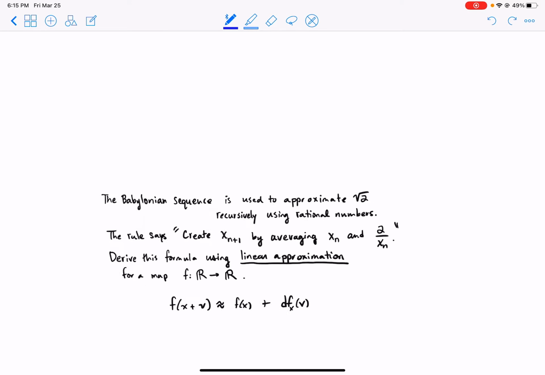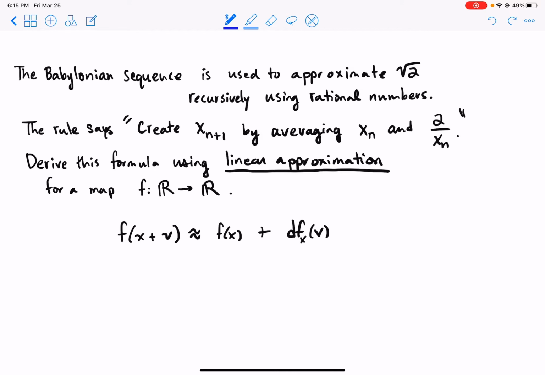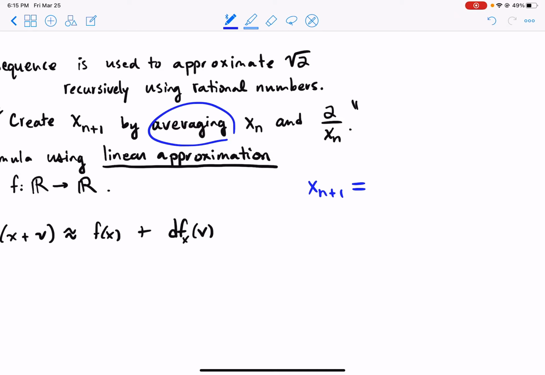What we're going to do basically is create the next number in our sequence by averaging the old number and 2 divided by the old number. Okay, so in a formula, this says that x_{n+1} should be equal to, well, the average, so I'm going to take 1/2 of the sum.